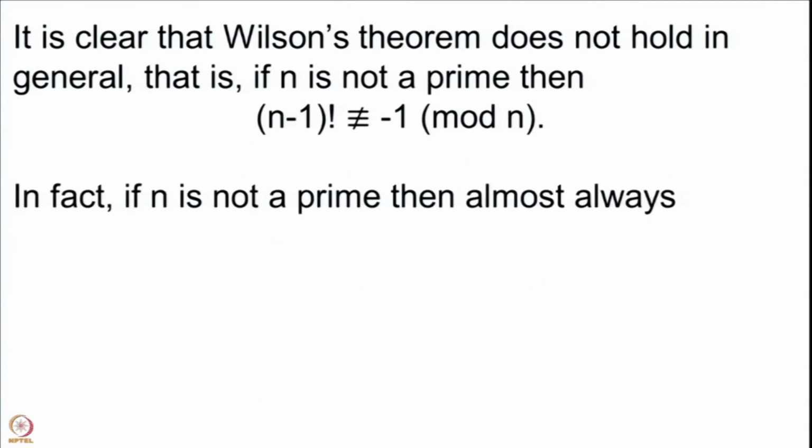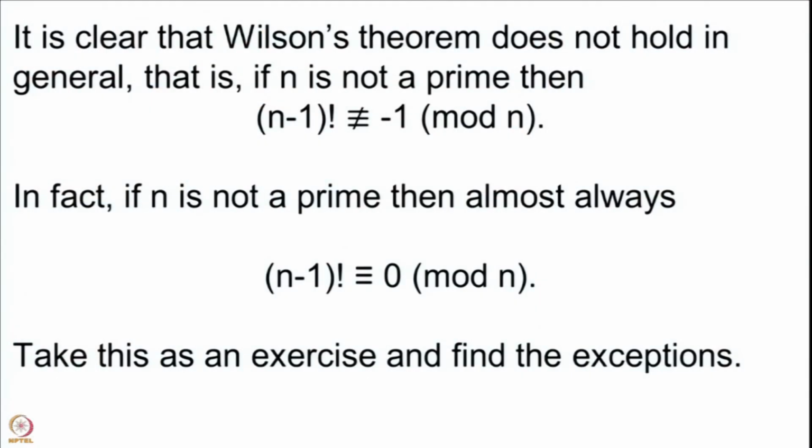If n is not a prime, then almost always we will have that (n minus 1) factorial is 0 mod n. n will divide (n minus 1) factorial. This is something that always holds except 1 or 2 exceptions.